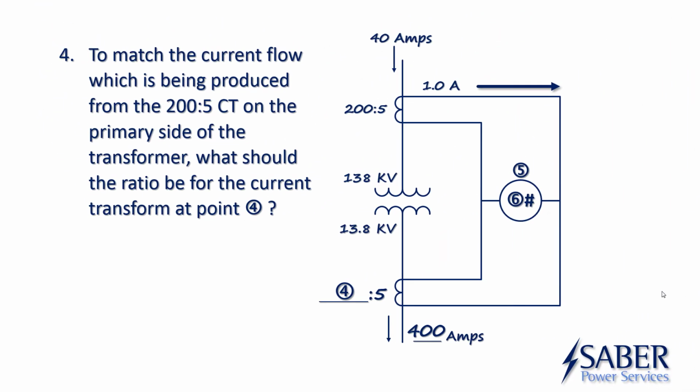On to number 4. To match the current flow which is being produced by the 200 to 5 CT on the primary side of the transformer, what does the ratio need to be for the CT on the secondary side of the transformer? Well, the primary side CT has 1 amp on the secondary. So we need to have 1 amp on the secondary of the bottom CT.